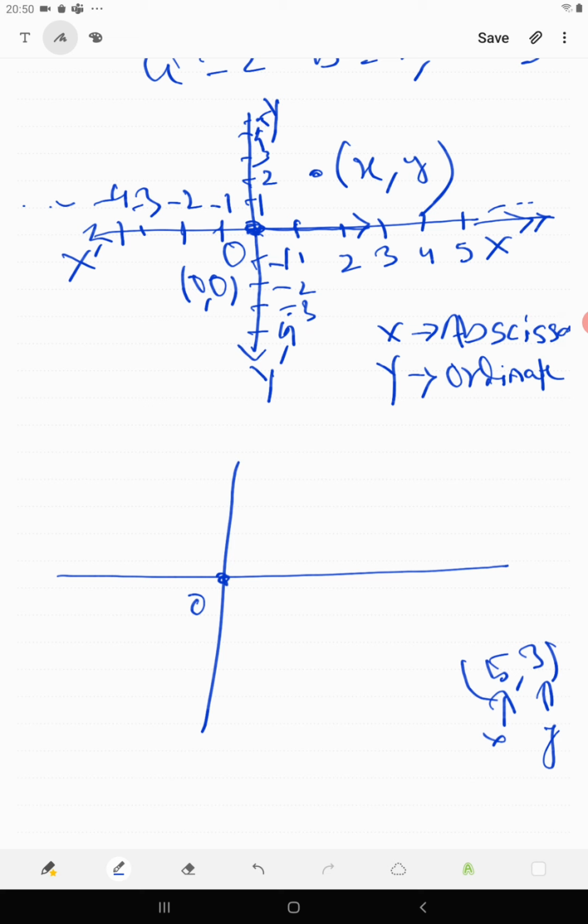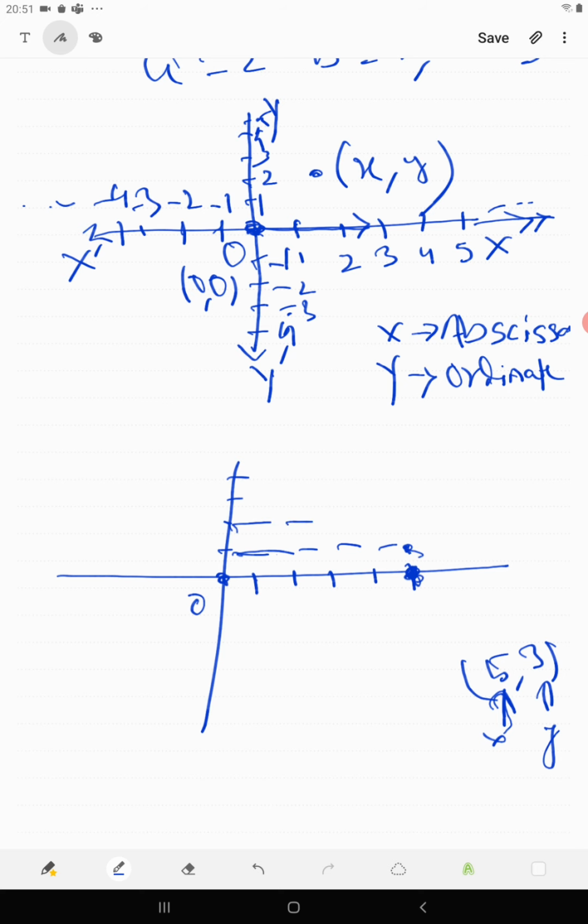First we will move in the x direction 5 units, 1, 2, 3, 4, 5 units. So this is our abscissa x equals 5. Now y is 3. From the 5th point, this dark point, from here we will go up, this is our 1 unit. So this is our 1 unit.